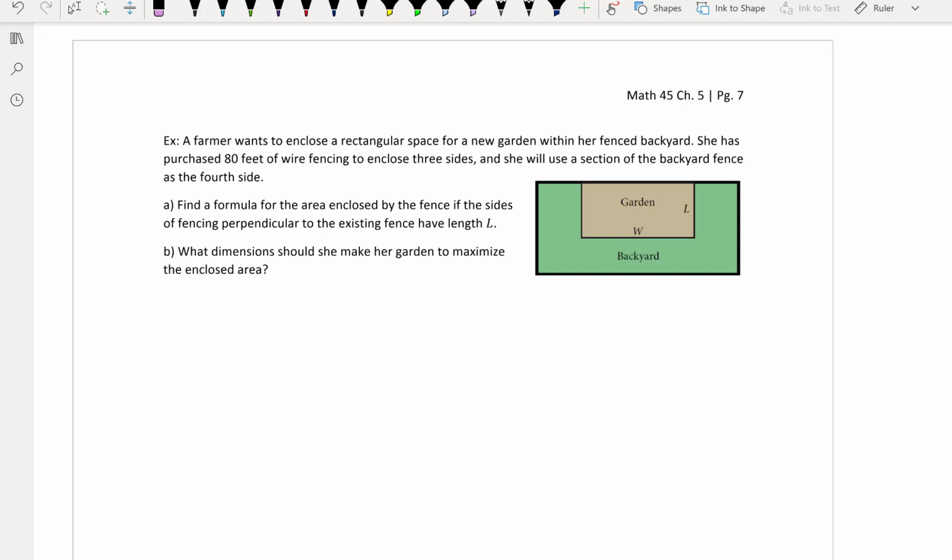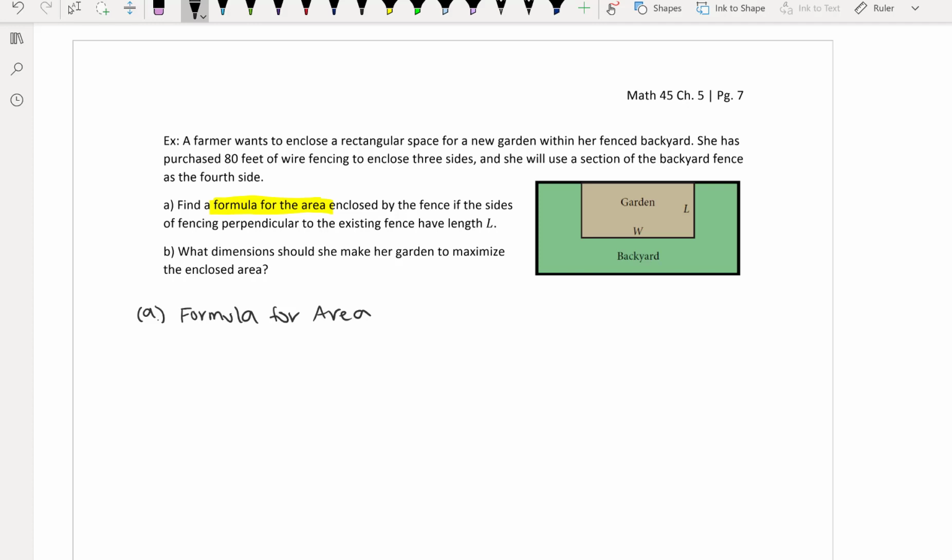For part A, find a formula for the area enclosed by the fence if the sides of fencing perpendicular to the existing fence have length L. So it's asking me to find a formula for area.